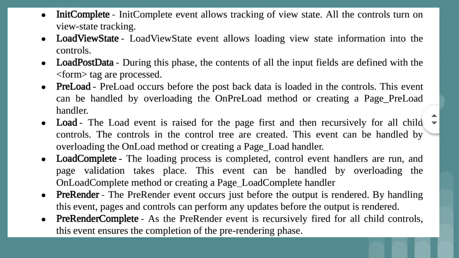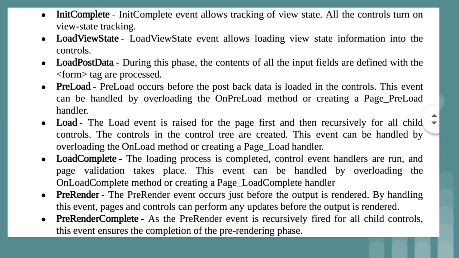And then we have the load event. In the load event, this particular event is raised for the page first and then recursively for all the child controls. It means when we start the page execution, the first event which is executed is the load event. We have Page_Load. So whatever code we have written in the Page_Load event will get executed first, and then other code.